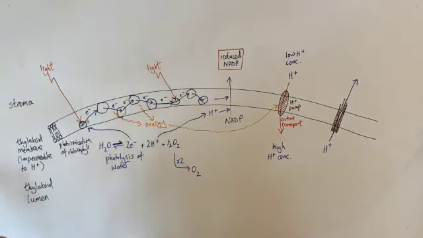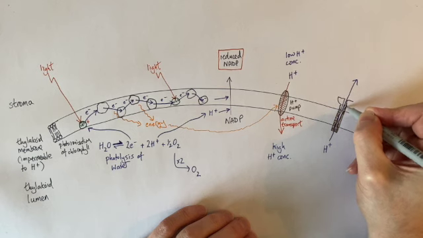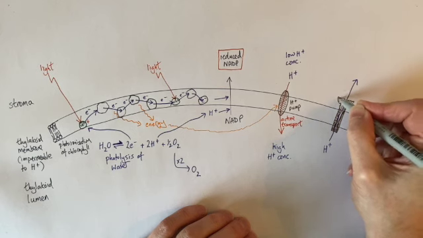So what? Well, as they move, they lose energy. They're going down their electrochemical gradient, so they lose energy. And on the end of this channel is an enzyme.